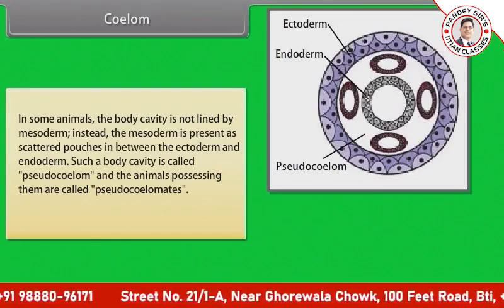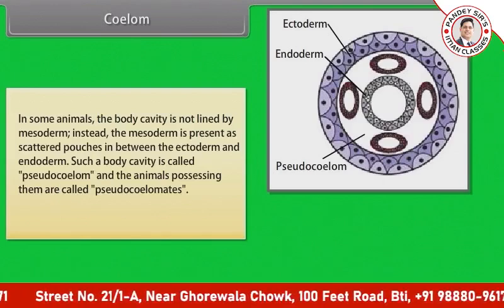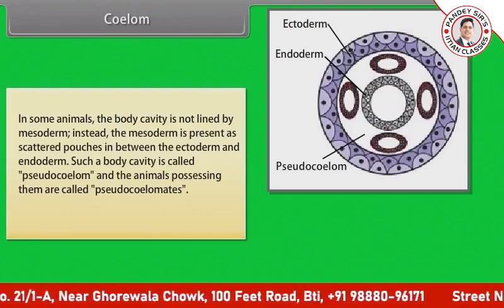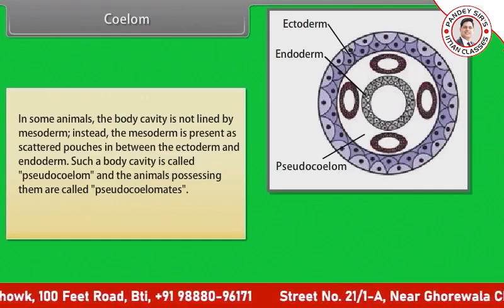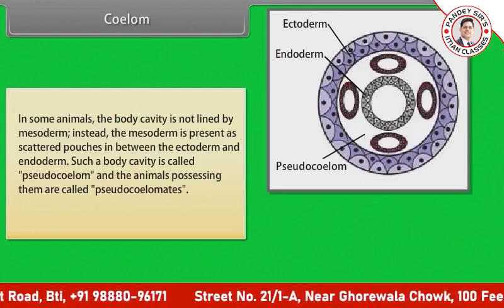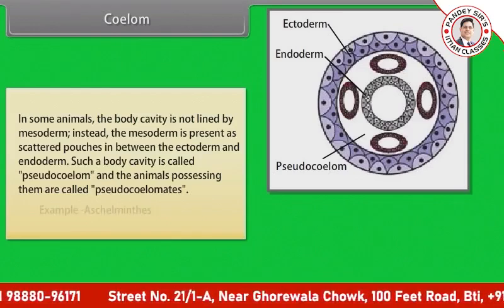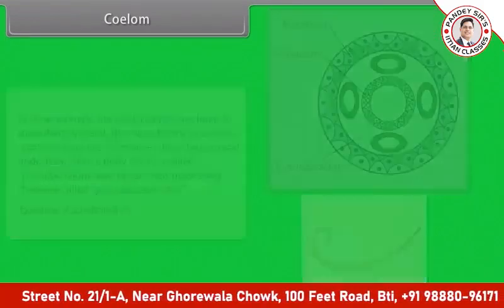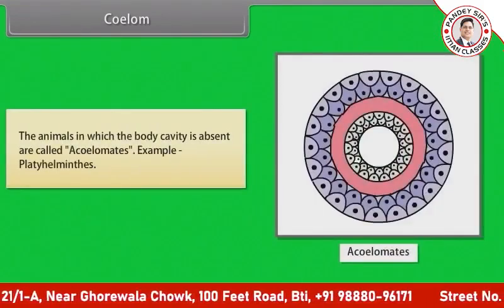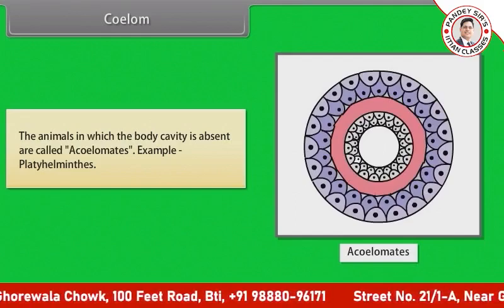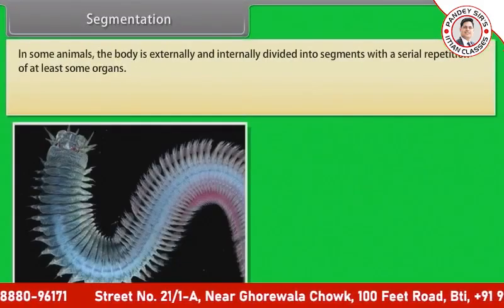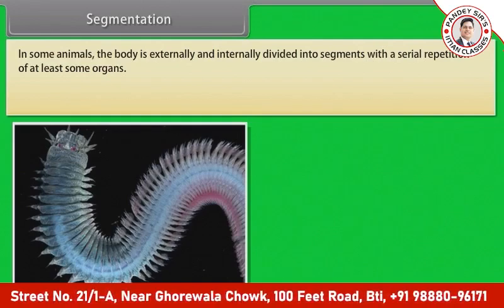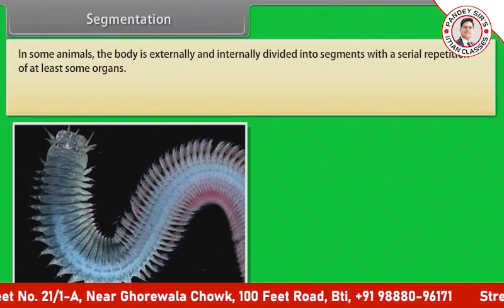Instead, the mesoderm is present as scattered pouches in between the ectoderm and endoderm. Such a body cavity is called pseudocoelom, and the animals possessing them are called pseudocoelomates. Example, Aschelminthes. The animals in which the body cavity is absent are called acoelomates. Example, Platyhelminthes.